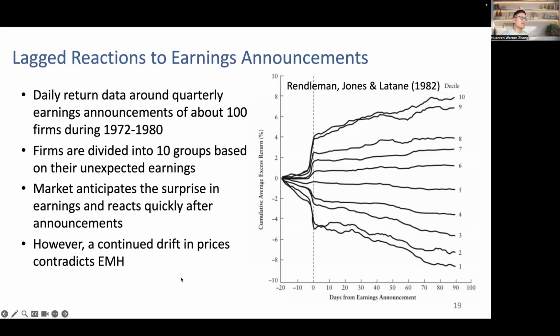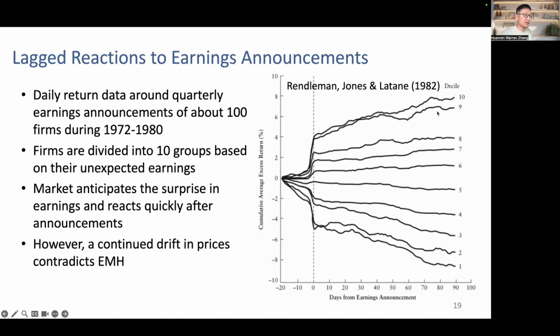And firms are divided into 10 groups based on their unexpected earnings, whether the announced earnings are better than expected or worse than expected. Based on the difference between the expected earnings and the actual earnings, we divided the firms into 10 groups.